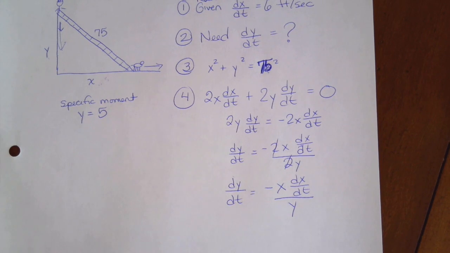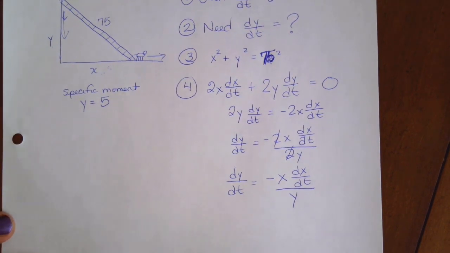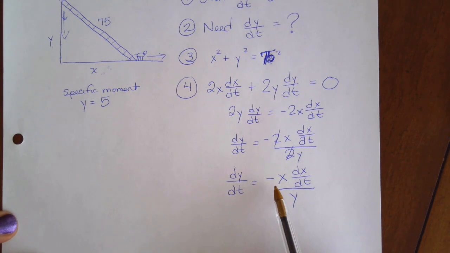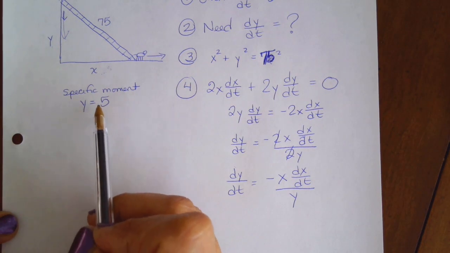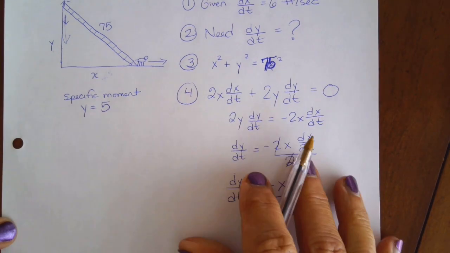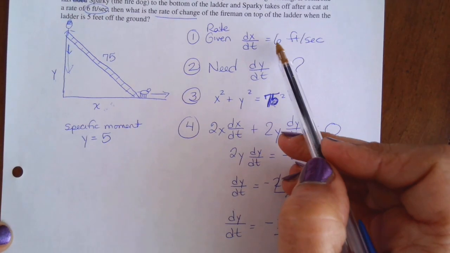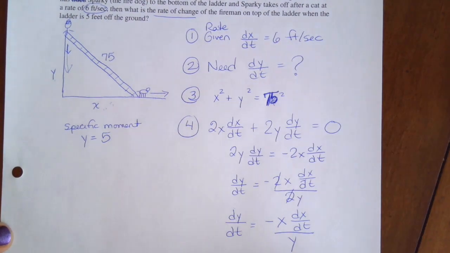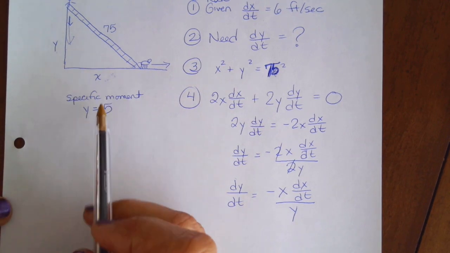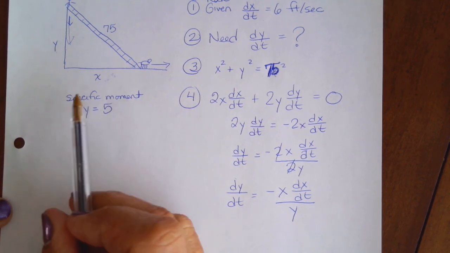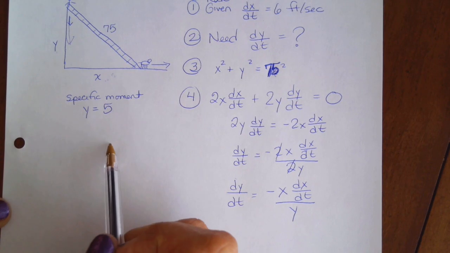Okay, so now we got to go back to our specific moment. So look at what you need. I need to plug in x, dx/dt, and y. Well, I have y. My specific moment is 5. I have dx/dt, 6. What I don't have, though, is side x. So this is where I said in my steps, sometimes you have to do a little work with your specific moment.